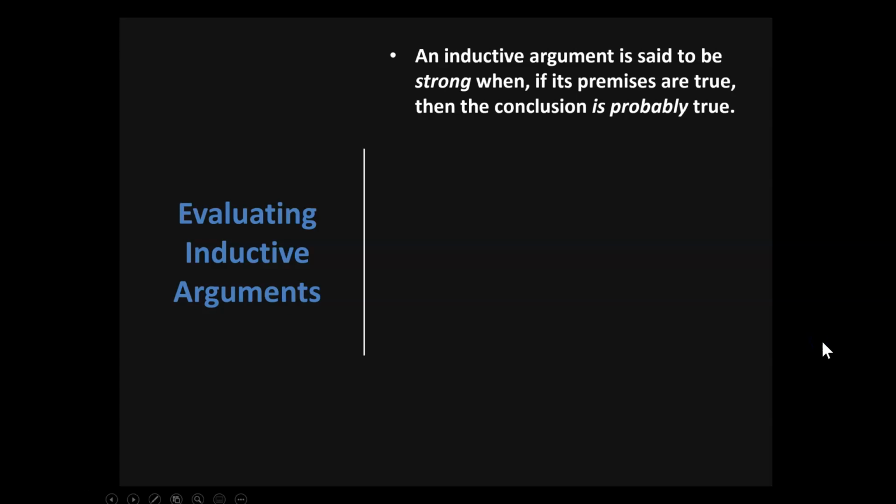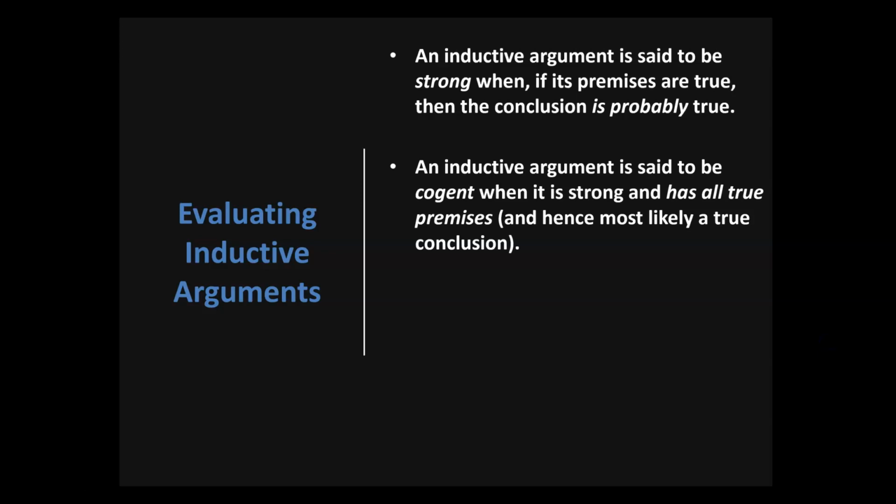So an inductive argument is said to be strong when, if the premises are true, the conclusion is probably true. And an inductive argument is said to be cogent when it's strong and has all true or acceptable premises, which is going to give it most likely a true conclusion. Not necessarily, but likely.